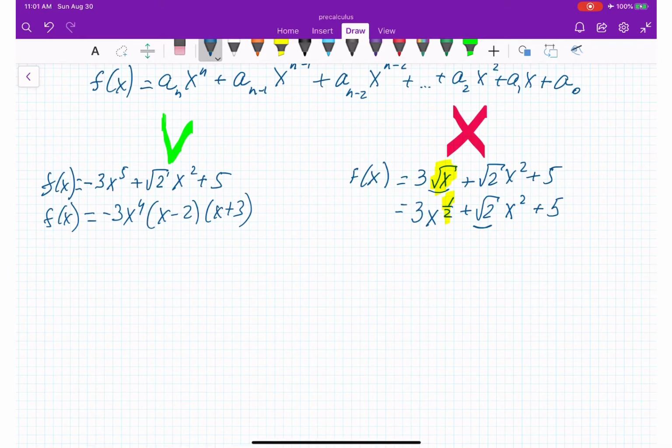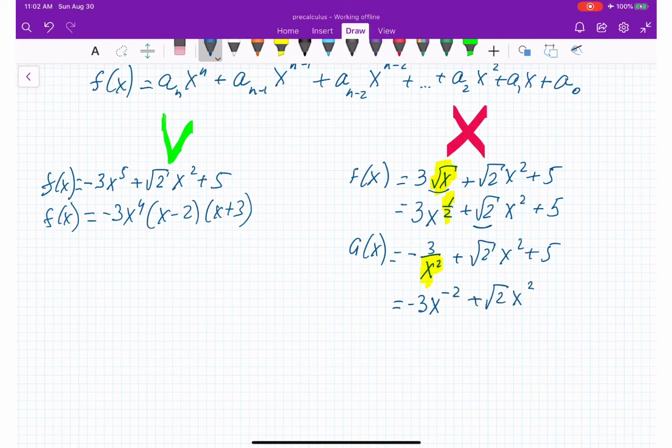Another example, let's say g of x equals negative 3 over x squared plus square root 2 x^2 plus 5. This is not acceptable as a polynomial. We cannot call it a polynomial because you have x squared in the denominator, and that means we have negative 3 x to the negative 2 plus square root 2 x^2 plus 5.